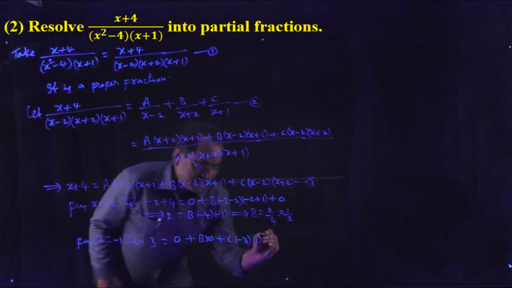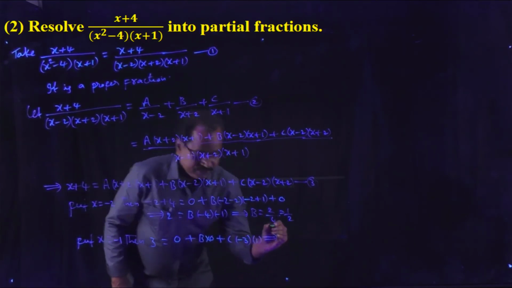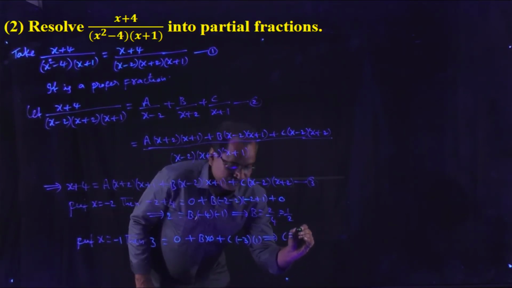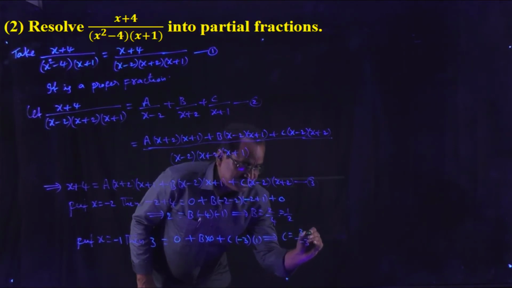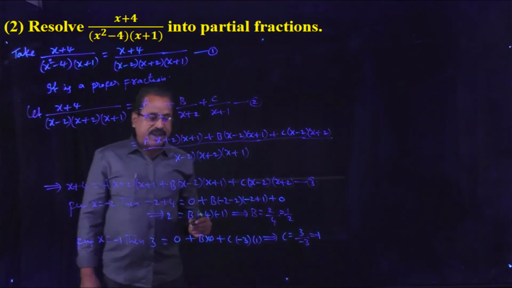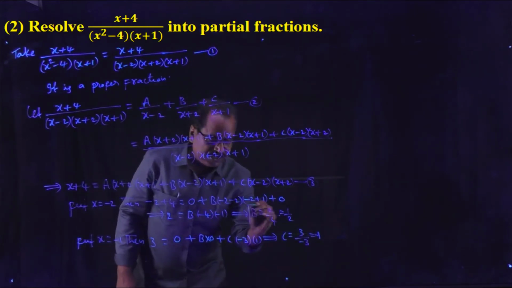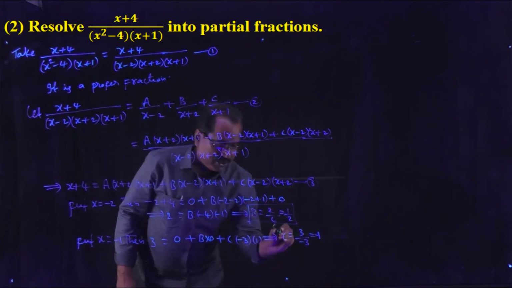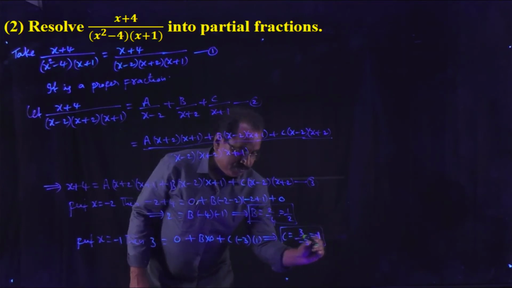So this implies c is equal to 3 by minus 3, that is equal to minus 1. So c is equal to minus 1. So b is equal to 1 by 2 and c is equal to minus 1.